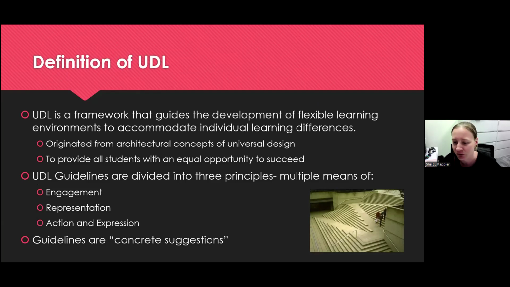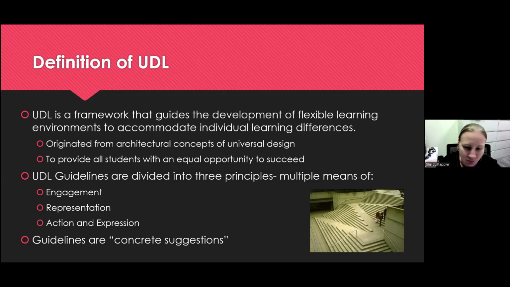The definition of universal design for learning is kind of broad and really hard to pinpoint, so I'm hoping to give you an overview and better understanding of what UDL is. Basically, it is a framework that helps with the development of flexible learning environments in order to accommodate all learners.